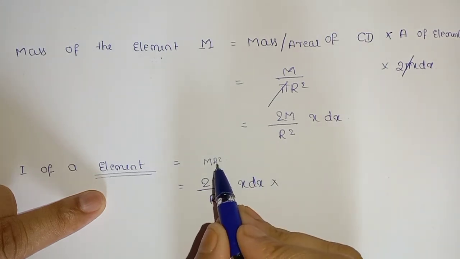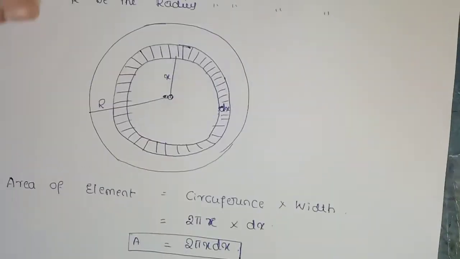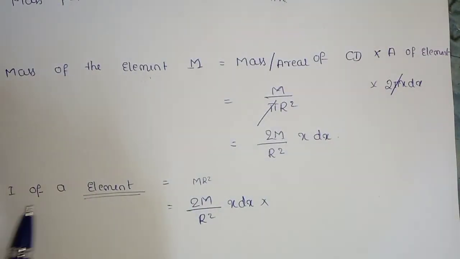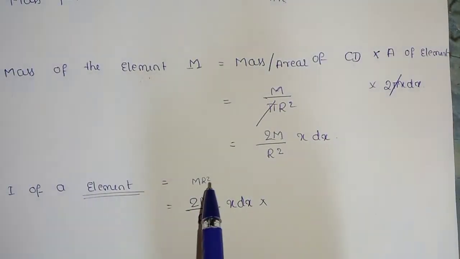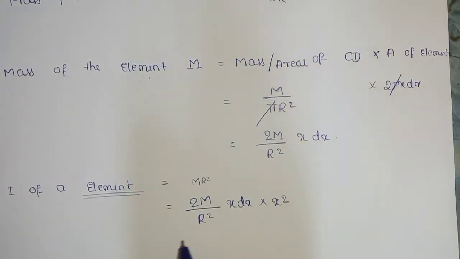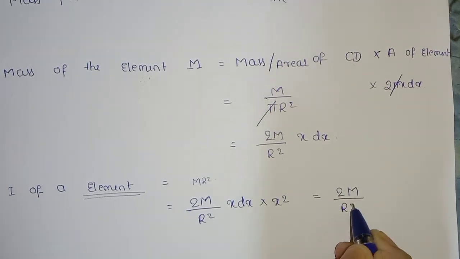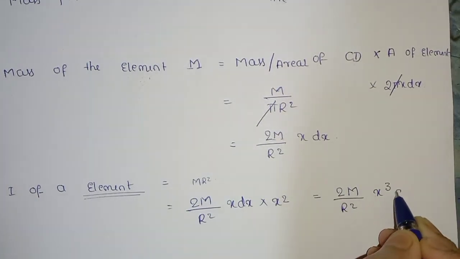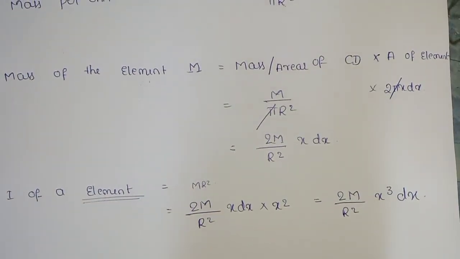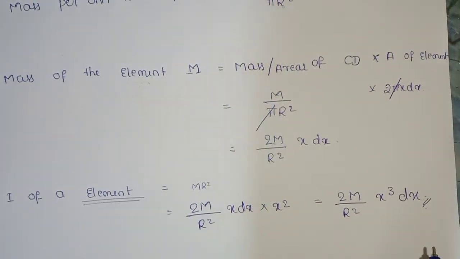For the r square, the radius is x, because you are finding the moment of inertia of an element, so you have to put the radius of the element, that is x square. This is equal to 2M divided by r square, x cube into dx. This is the moment of inertia of an element.